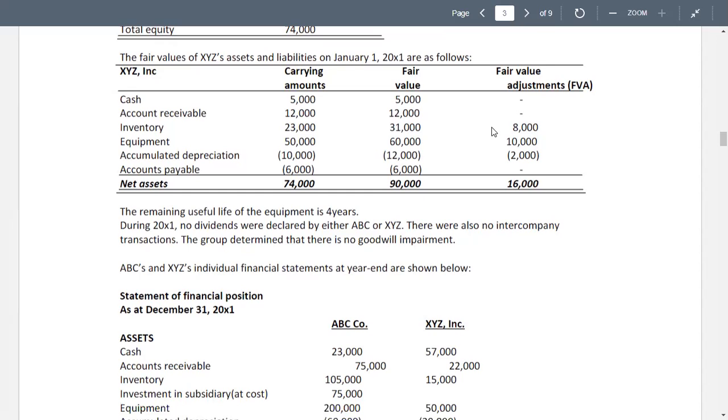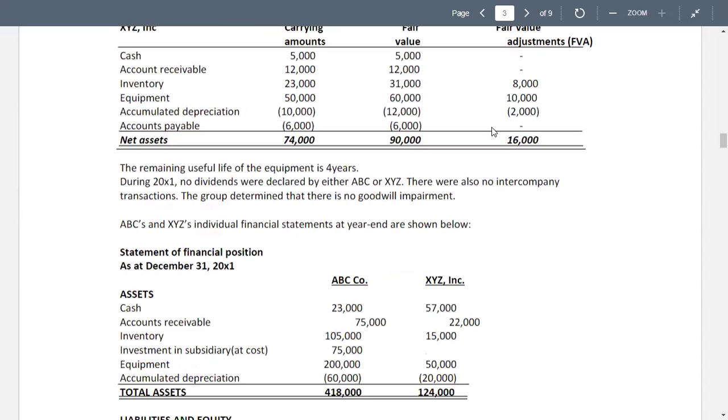That's the equivalent of 5,000 shares at 15. So you get 75,000. Then we have equipment, and we have accumulated depreciation of equipment at year end.